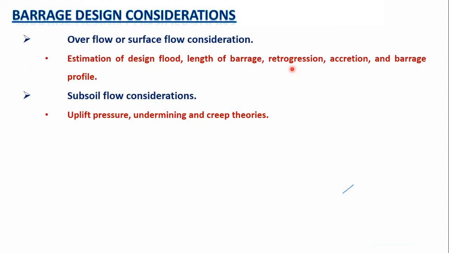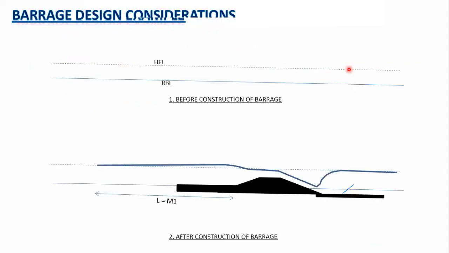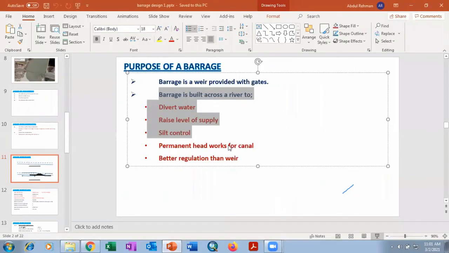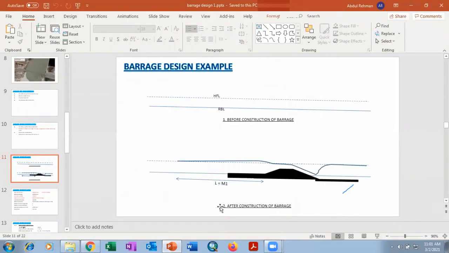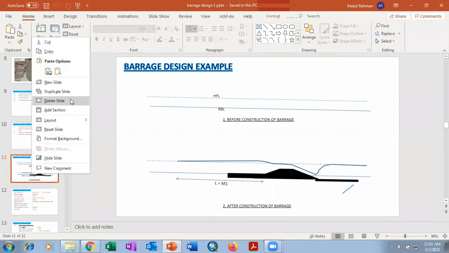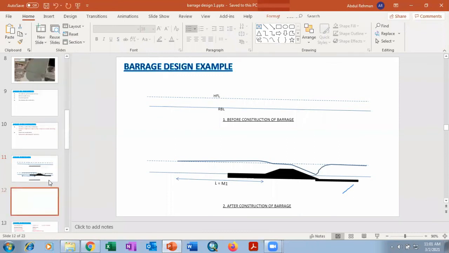The left terms are retrogression and accretion. Students, if you see this sketch, the lower sketch, the second sketch, which is showing after construction of the barrage. After construction of the barrage, on the upstream side, our velocities are decreased.